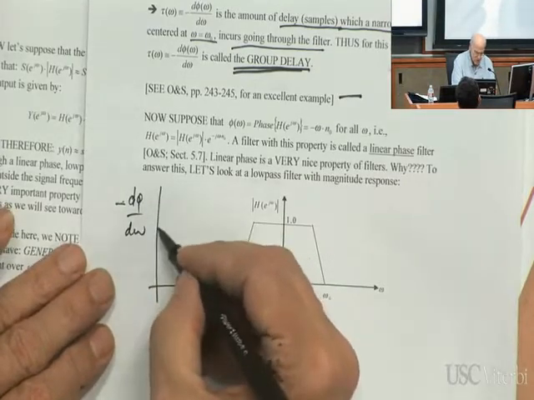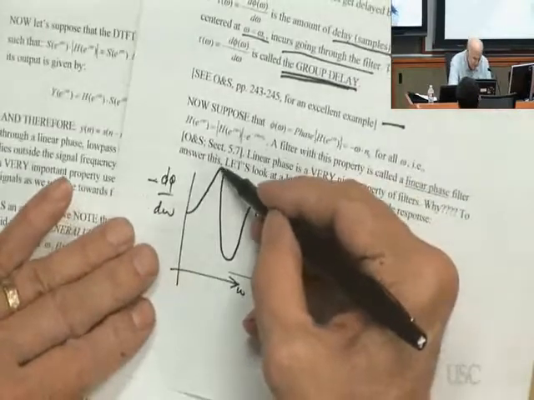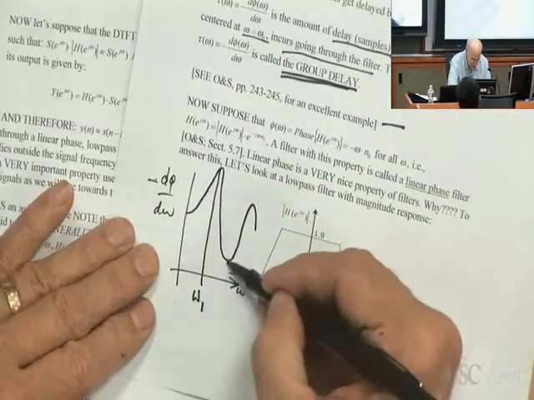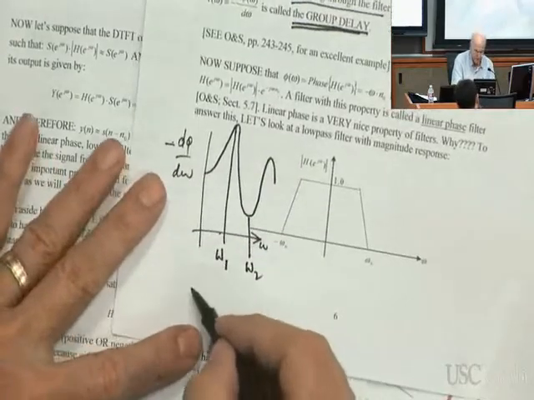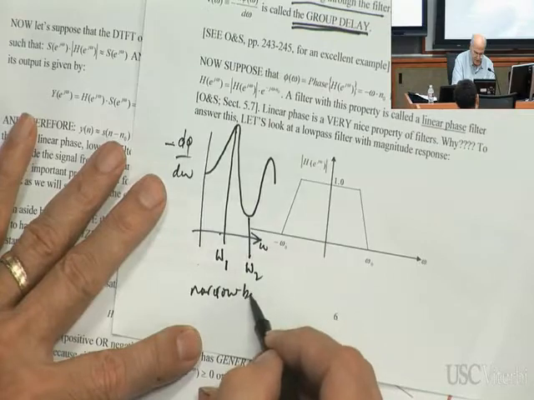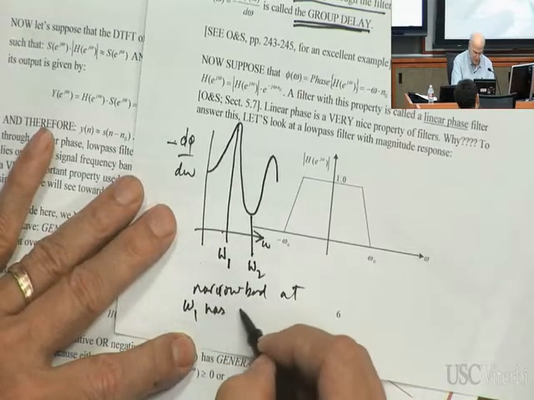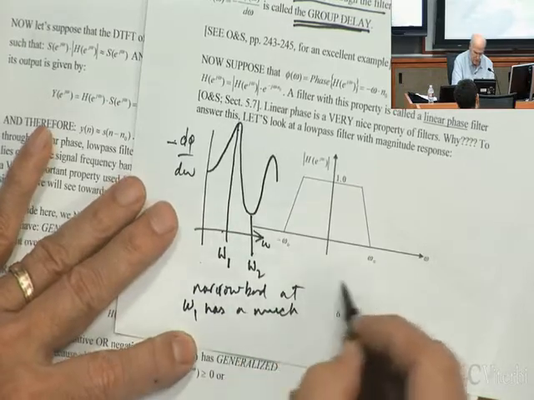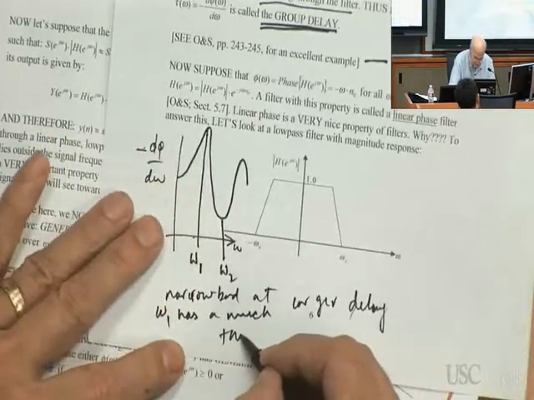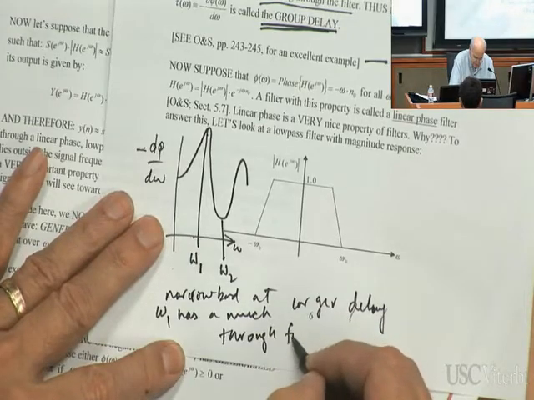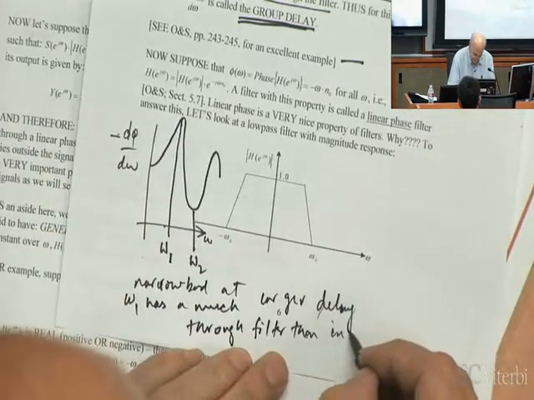This will show you, for instance, if you had a narrowband signal at this frequency, call that omega 1, and a narrowband signal at omega 2, the narrowband input at omega 1 has a much larger delay through the filter than the input at omega 2.